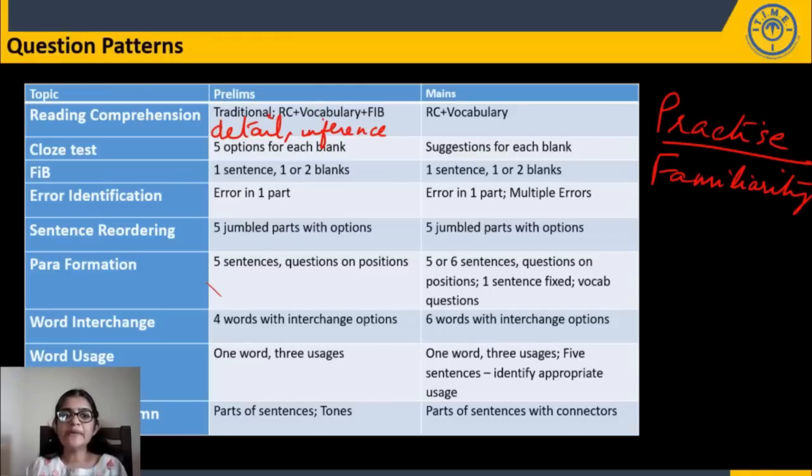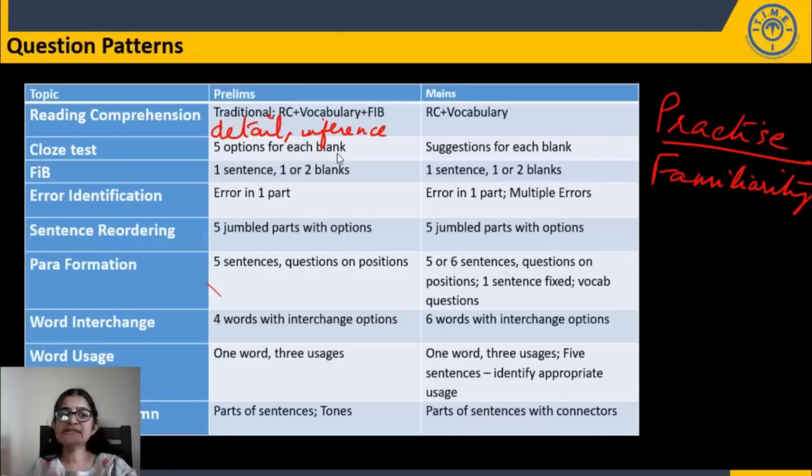Now, when it comes to cloze test, I told you what the cloze test is, right? Cloze test is where you have a passage and you have blanks in it, okay? Typically, the blanks are missing words. Now, in the prelims, what we get is you have multiple blanks in a passage, let's say 5 or 6 blanks, and for each blank, you have 5 options, 5 words to choose from.